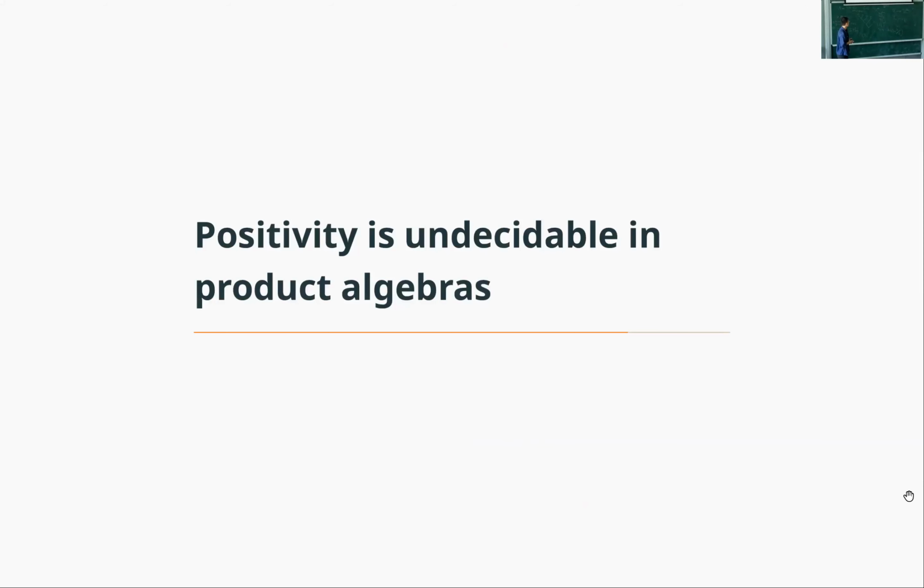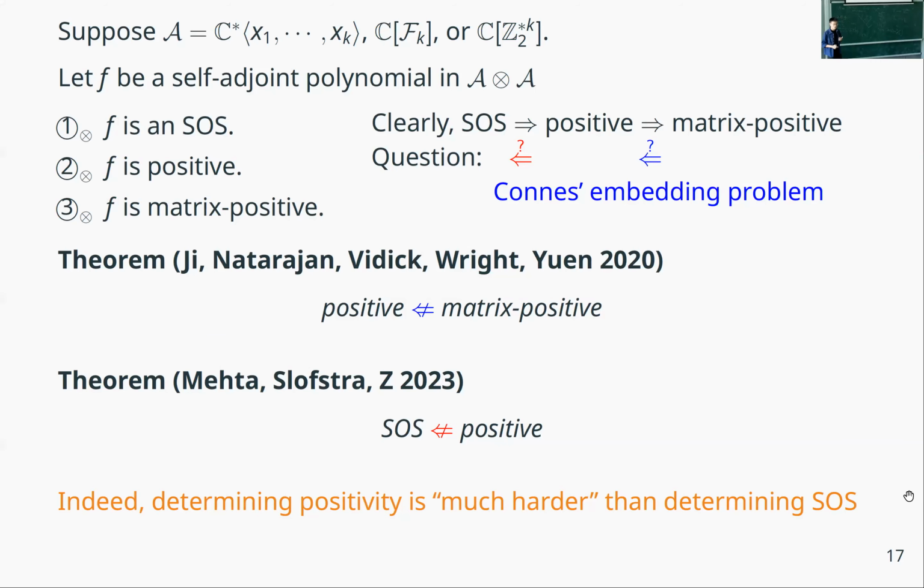In the last part of my talk, I want to convince you that positivity in product algebras is hard. It's not constructive. What is the sense of your result on determining positivity? It's not like you're going to give us an example. I'm not.